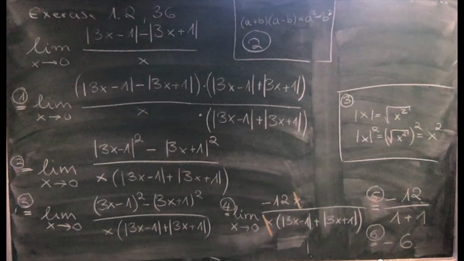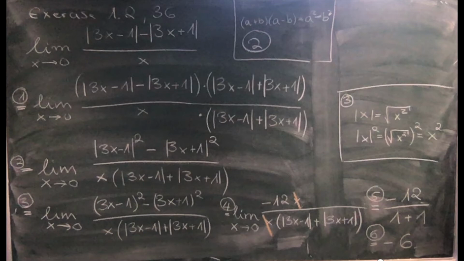You can also see that if you know that the absolute value of x equals the square root of x squared, that is sometimes useful. And then you can see that the absolute value of x squared equals x squared very quickly by writing down what you see in the box with the 3 on the right of the board.